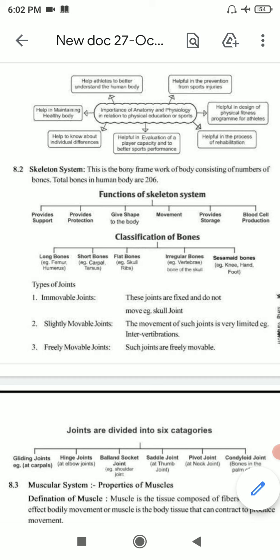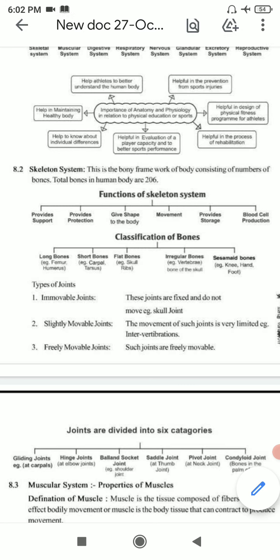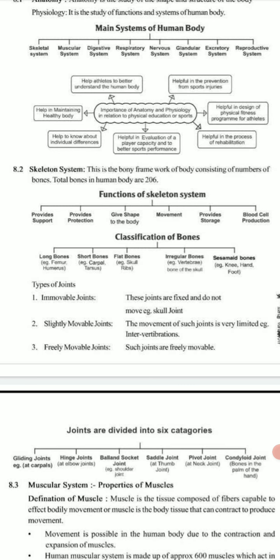So first, skeletal system. This is the bony framework of the body consisting of a number of bones, and total bones in the human body are 206. Function of skeletal system: provides support, provides protection, gives shape to body, movement, provides storage, blood cell production.